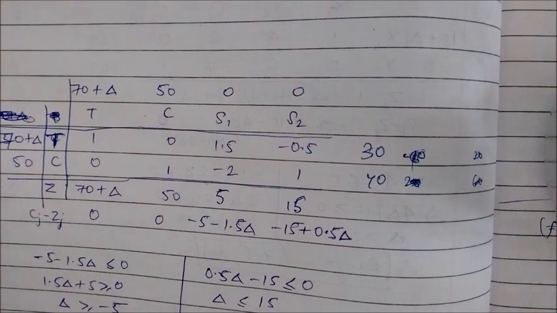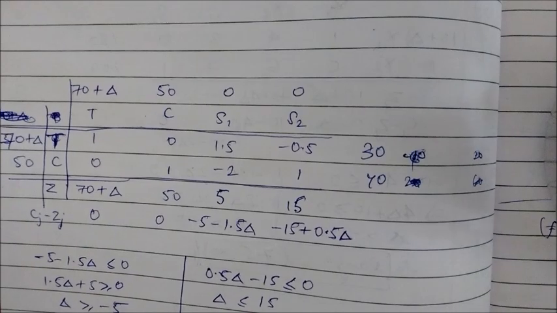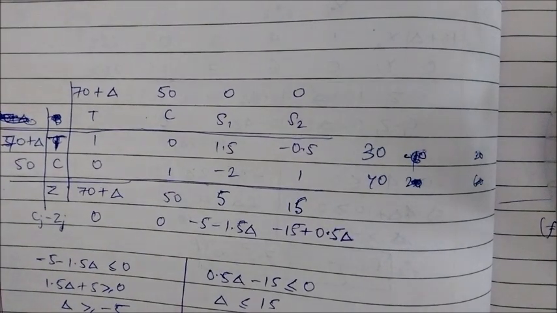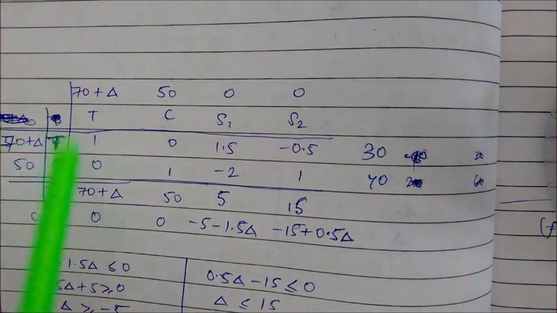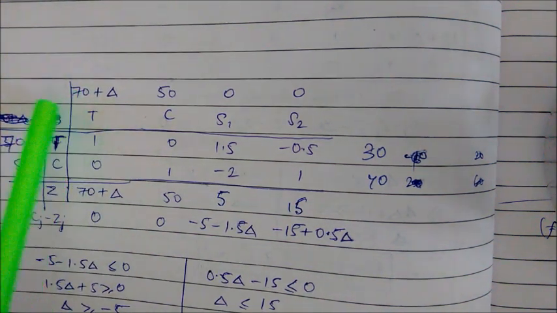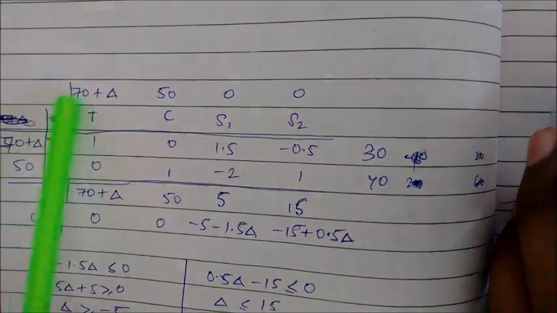Now coming to the C part, it says, what is the range over which the profit per table can vary without changing the optimal basis, that is the solution mix. So the literal meaning of this question is, how much can we vary the profit per table. The profit per table is 70 in our final problem.